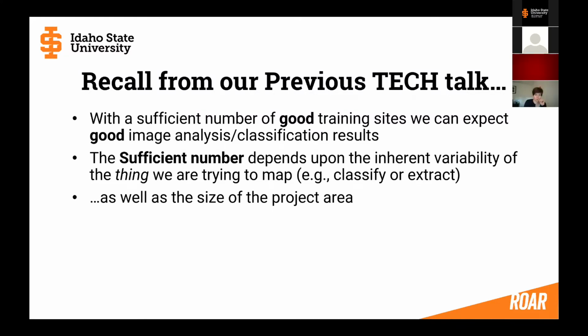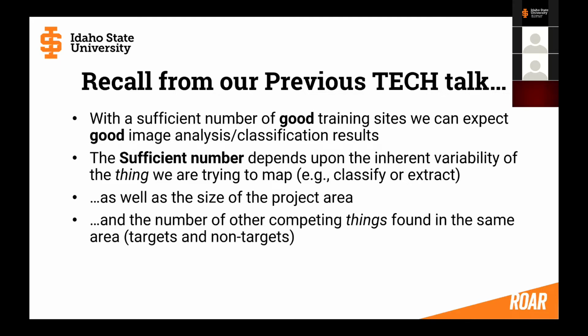It also depends upon the size of the project area. If we are doing a classification over a project area or a study area about the size of Bannock County, Idaho, then that sufficient number of samples is going to be quite a bit smaller than if we are doing that same classification across all of Idaho or across all of the United States.